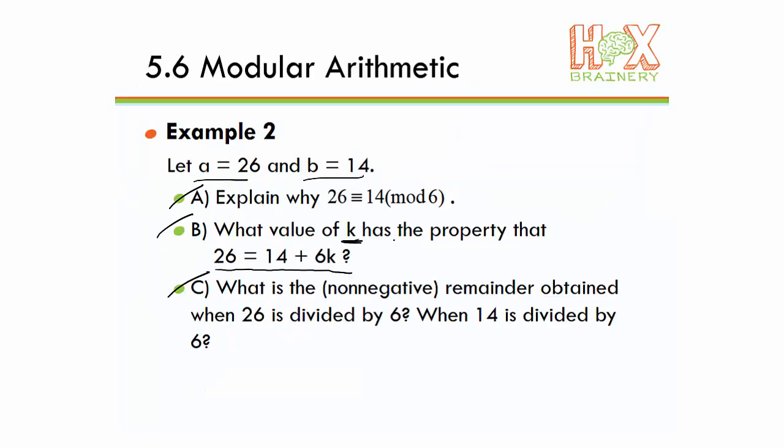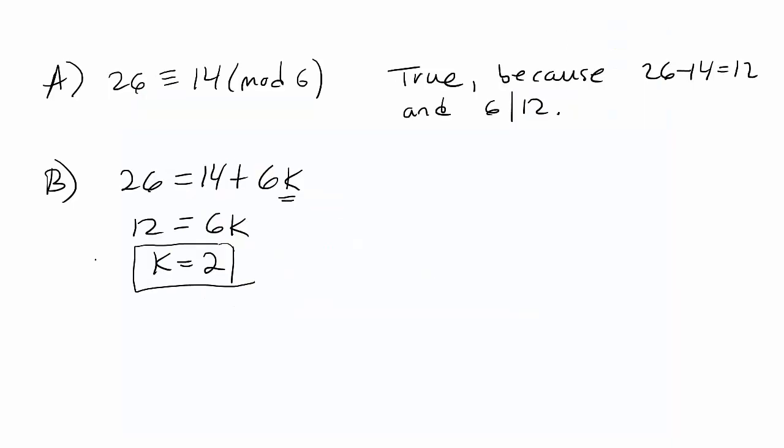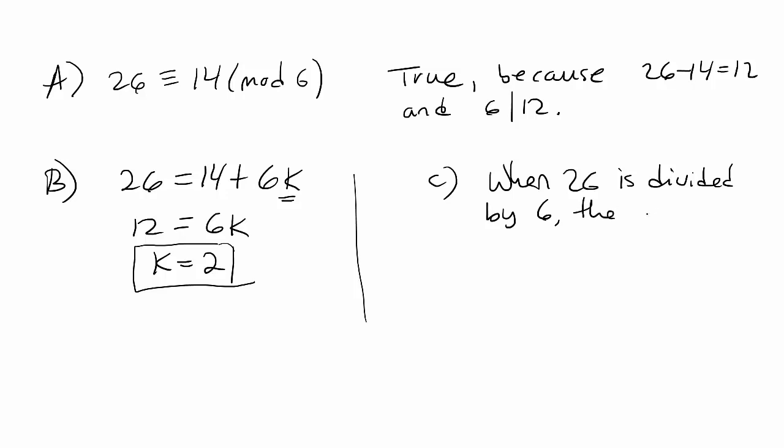And then part C: what is the non-negative remainder obtained when 26 is divided by 6? When 14 is divided by 6? When 26 is divided by 6, the remainder is some number, and you can show a little work.